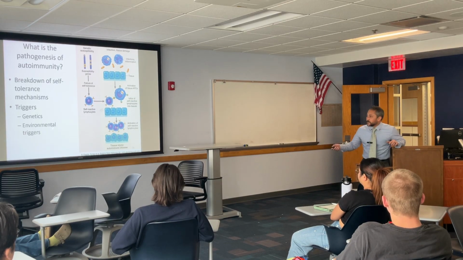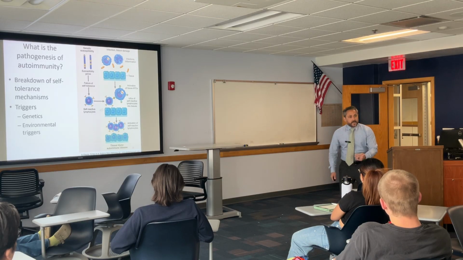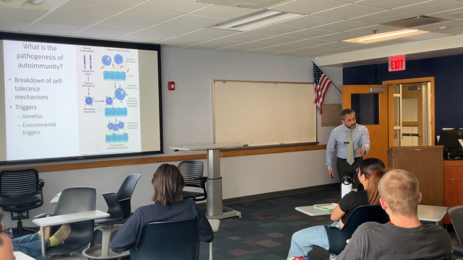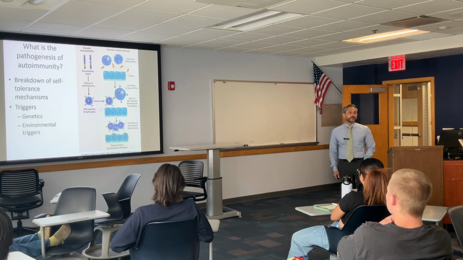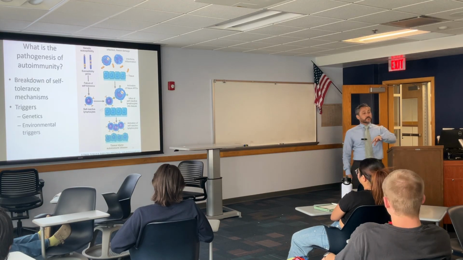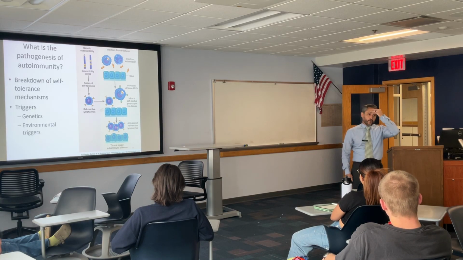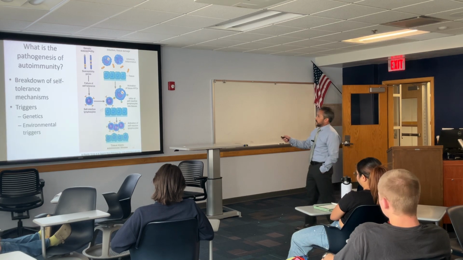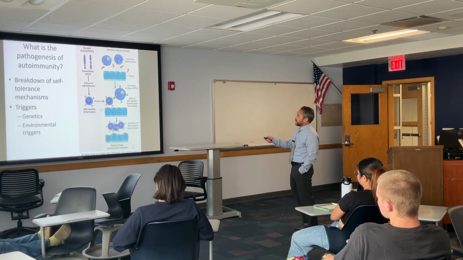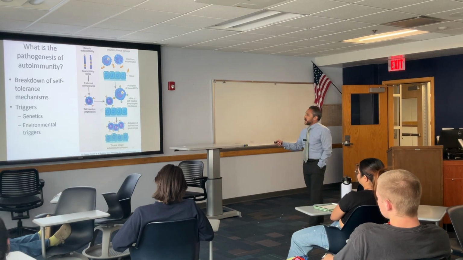So we've been doing this environmental thing for a while. UV radiation, chemicals, pollution, all of these things can cause breakdown in self-tolerance mechanisms because they can cause mutations at the level of the DNA. We'll talk about that in the next lecture. So we have genetic susceptibility or environmental triggers, and we get failure of the self-tolerance mechanism.